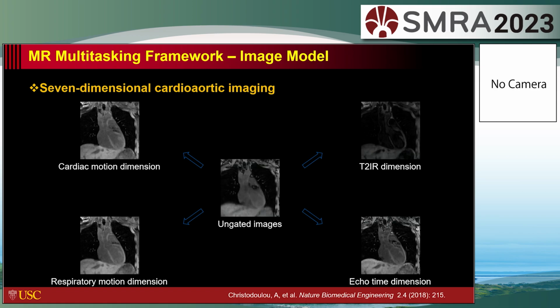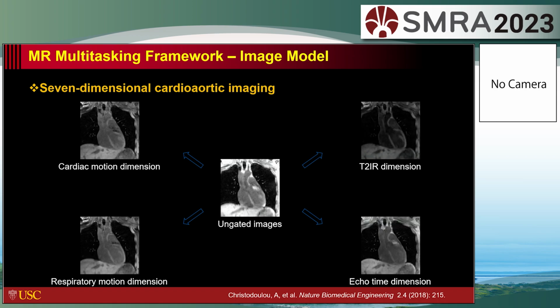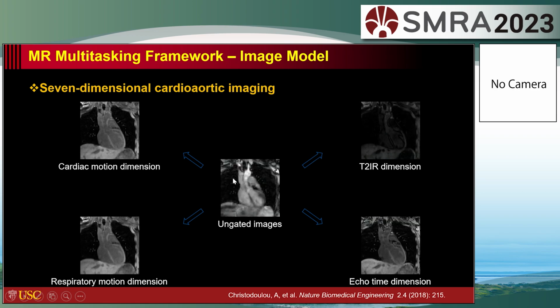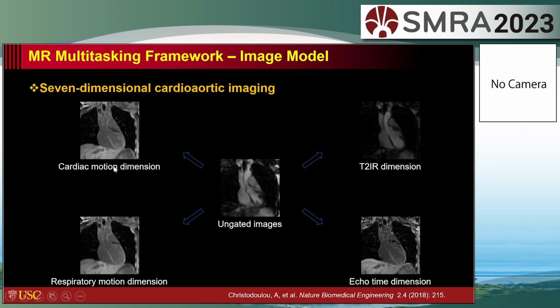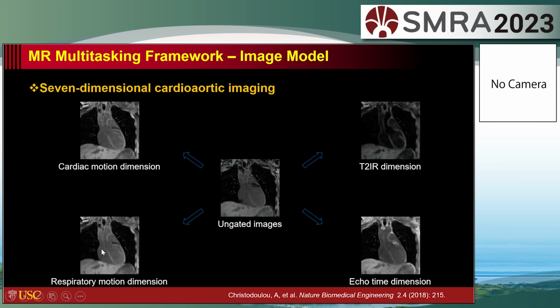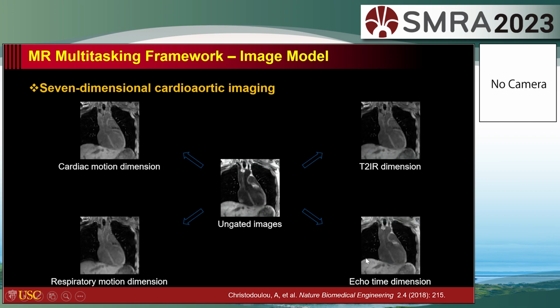And we utilize MR multitasking to formulate these images as a 7-dimensional problem. So we have 3 dimensions for space information, and also we resolve the cardiac motion and the respiratory motion, and obviously T2IR signal evolution, and also the 2 echo times. We utilize the Dixon method to acquire 2 echoes for water-fat separation.